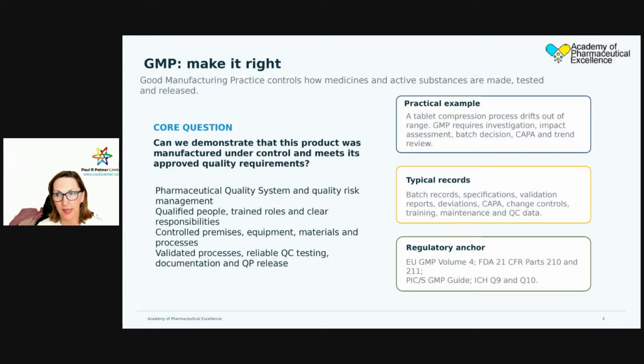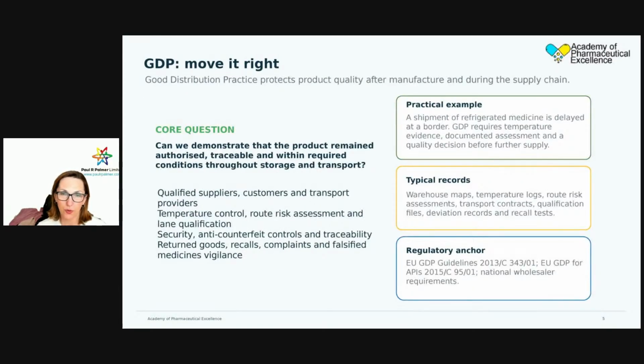Okay, now let's move to GDP, or move it right. Good distribution practice protects the product quality after the manufacture and during the supply chain. This is sometimes underestimated because people may think the hard work is done once the product is manufactured and released.